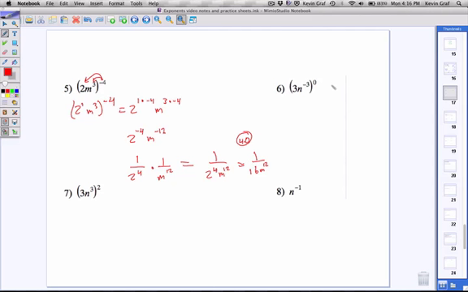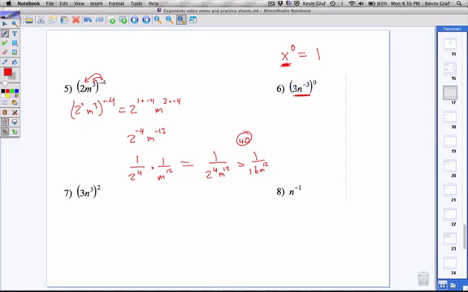In the next one here, we've got this whole thing to the 0. And before you go any further, we talked about earlier in this video and in the other video that anything to the 0 is just 1. And it doesn't matter what this anything is. No matter what it is, take it to the 0, you're going to get 1. So this whole thing inside of parentheses is taken to the 0.